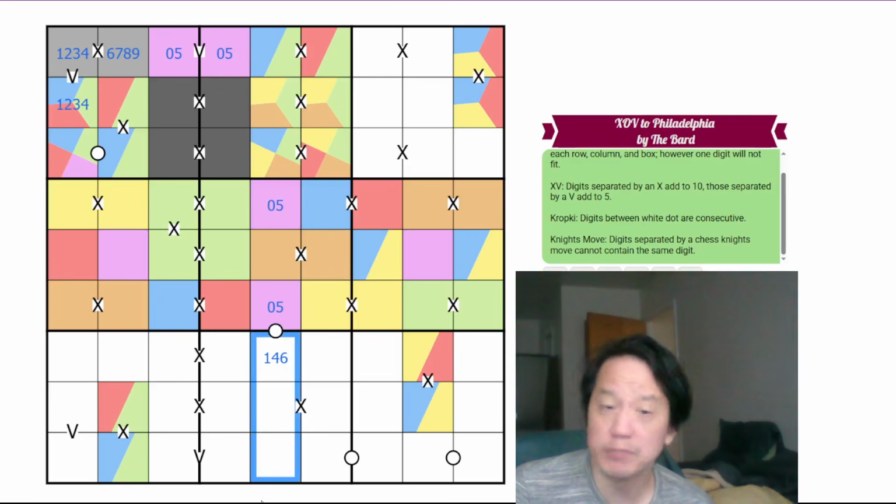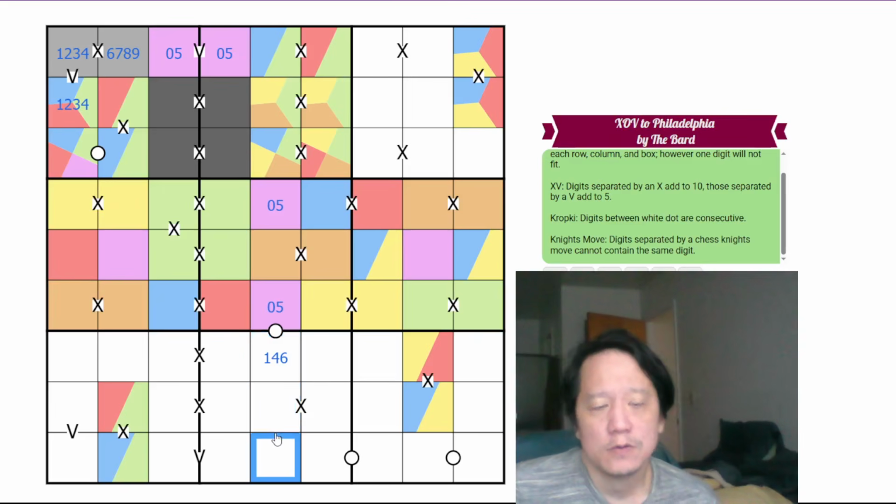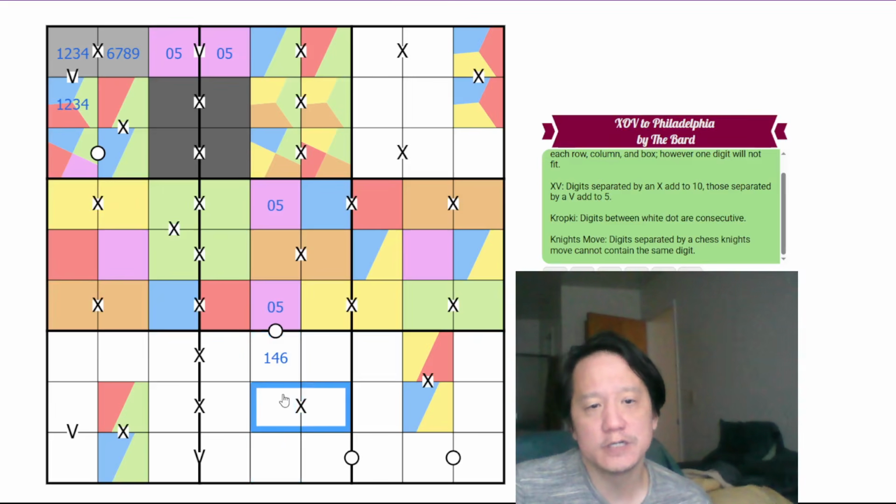This cannot be blue. That's one thing we know. What can these be then? This can't be either yellow. Red and blue cannot be here.